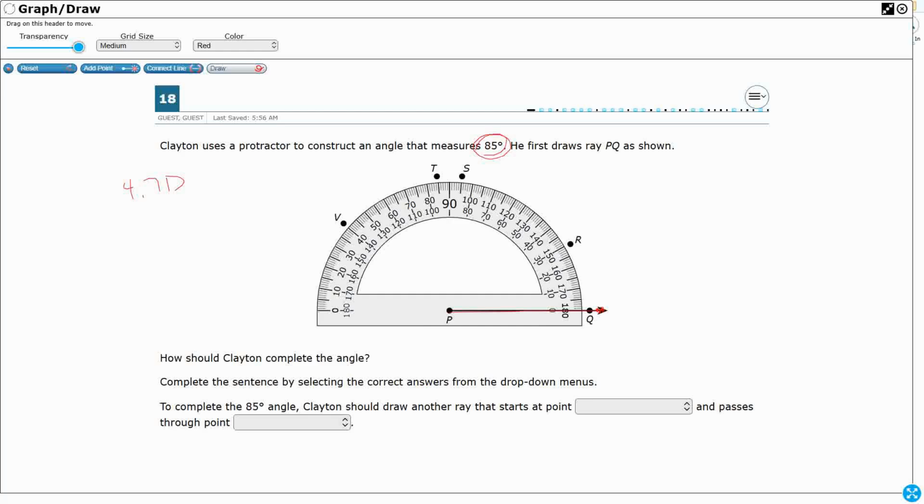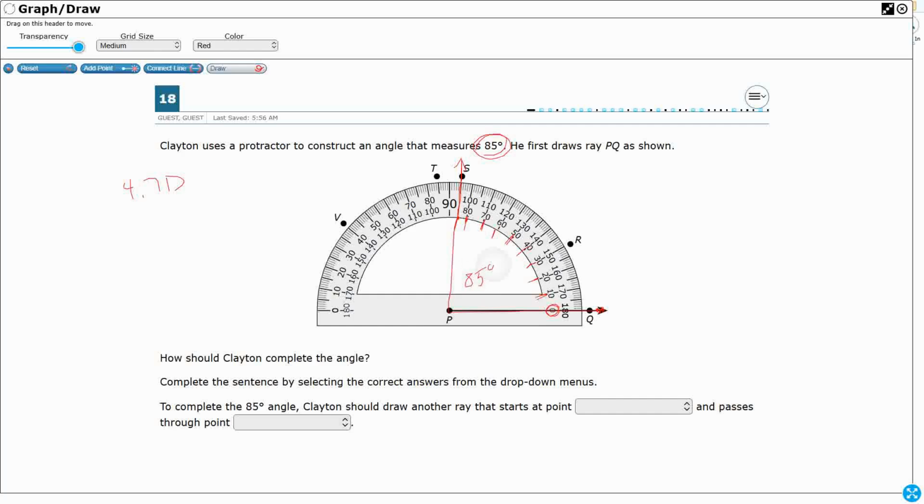So I want my horizontal ray here, PQ, to start at 0. So 0 is the inside number, so we're going to use our inside numbers to count. 10, 20, 30, 40, 50, 60, 70, 80. So 85 is right after that. That's going to be right through here. And look, I'm hitting at point S. So that second ray is going to give me an 85-degree angle.